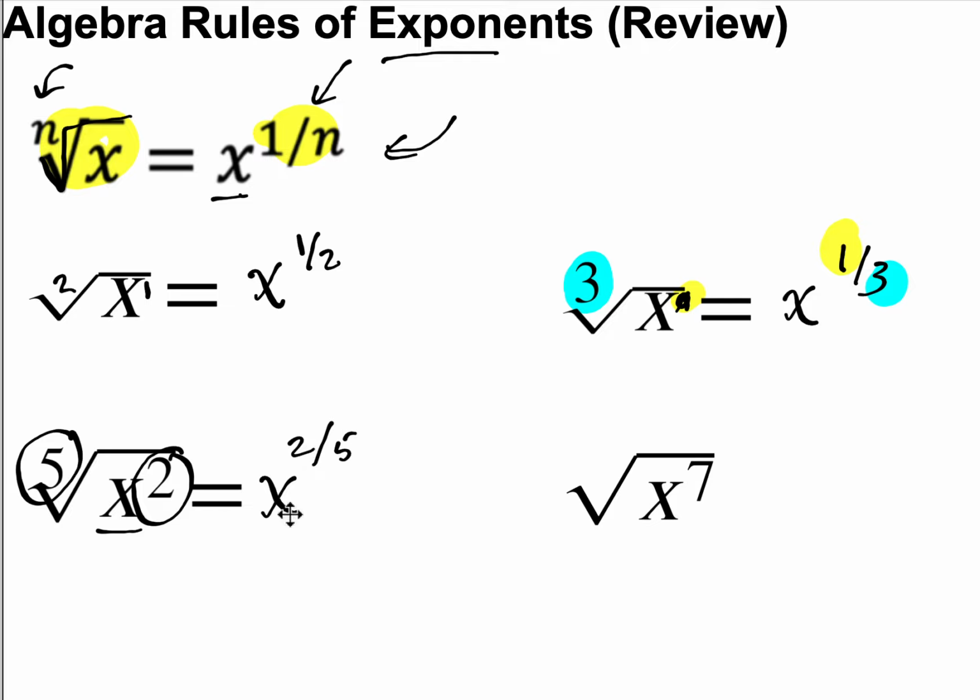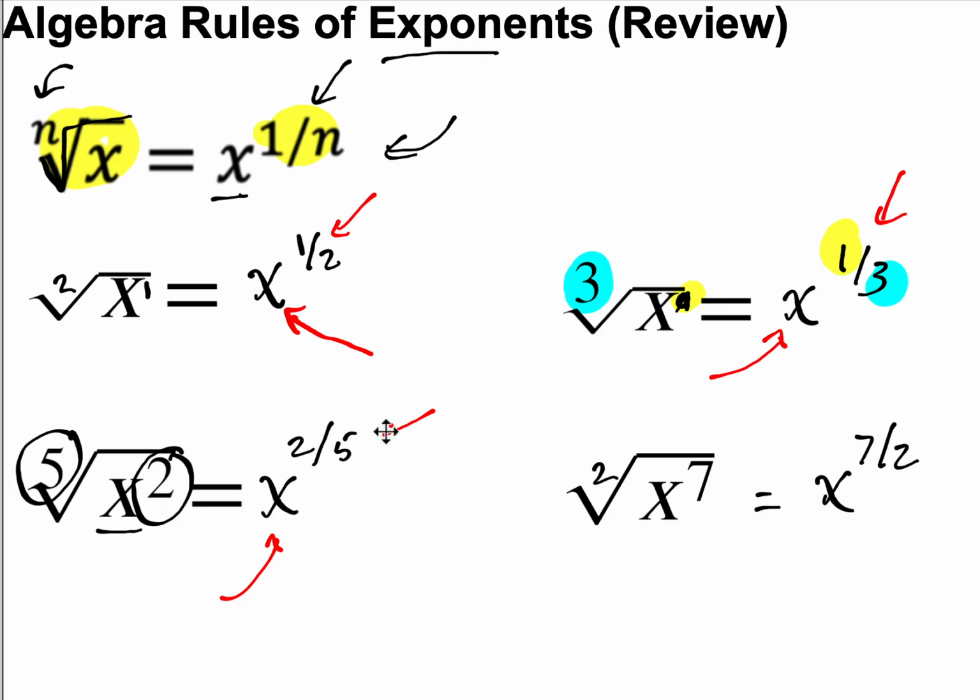I can write that as x to the 2/5. And here, again, when I don't see anything in the root index, it's the square root. So this becomes x to the 7/2. All right, so notice then, each of these now is a power function. It's a variable raised to a power, a variable raised to a power, a variable raised to a power, a variable raised to a power. And then if I want to take the derivative, I can apply the power rule.